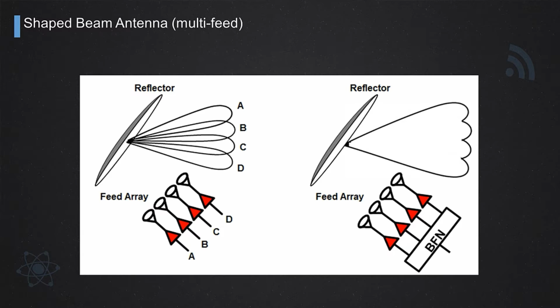On the right side, I still have an array of feeds, but now the feeds are fed by the same signal, only combined in the appropriate way by a BFN, that stands for beam forming network. We'll look at them later in the presentation. So the end result is now a combination of the previous beams.